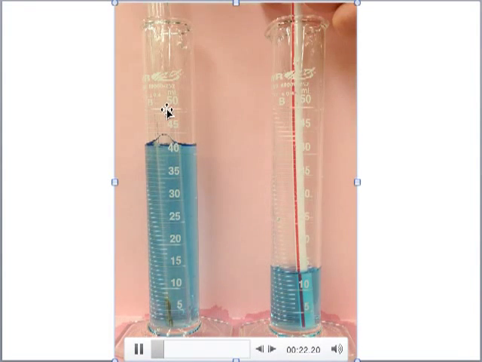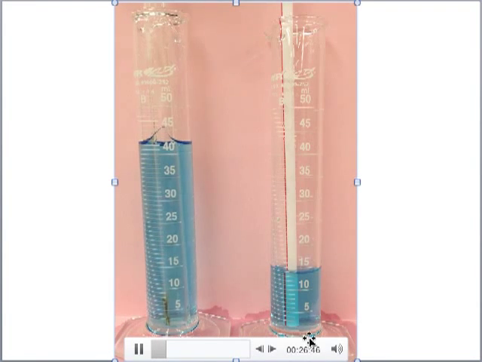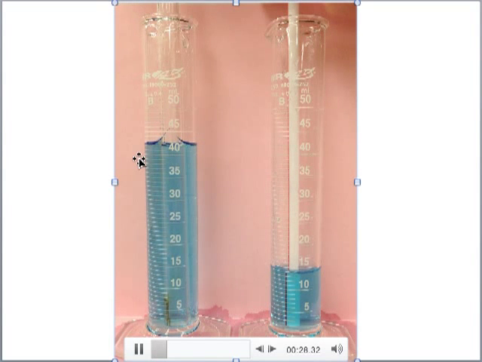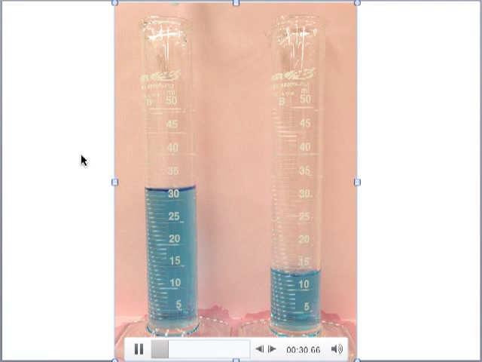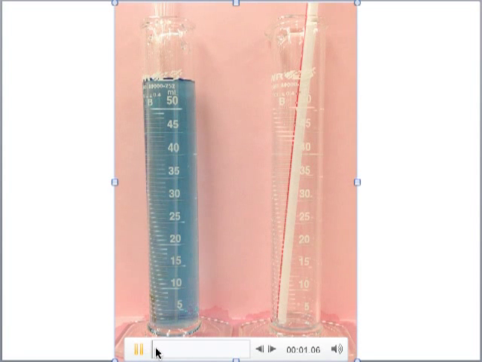But if I start with 50 milliliters of blue here and no blue over here, you see where I'm going. Question, will I still reach an equilibrium? Oh darn, it stopped. Sorry about that. Will I still be able to reach an equilibrium state?